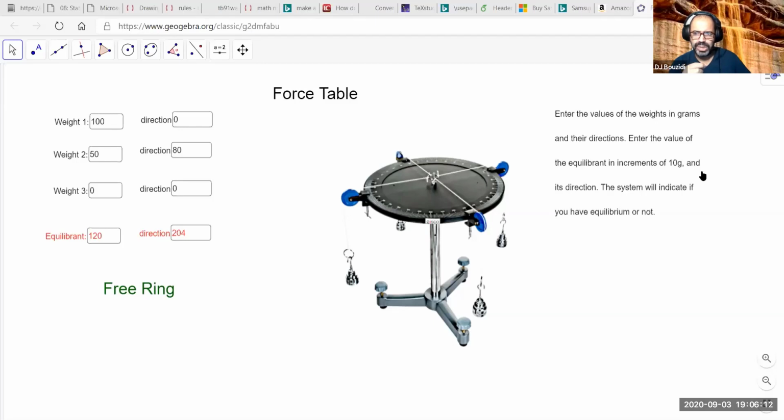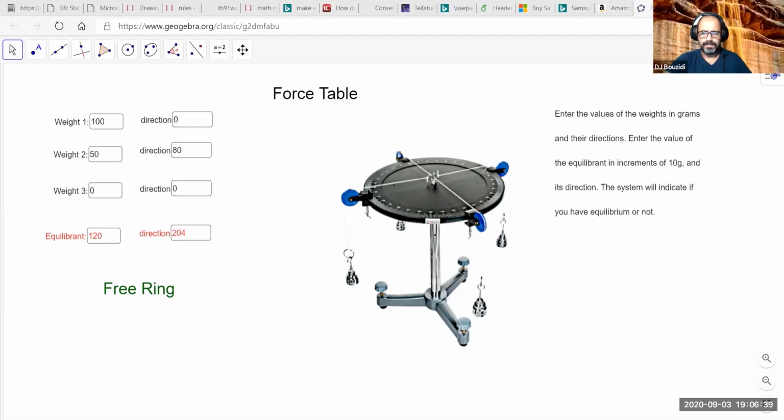So labs usually carry only 10 grams or 100 grams or 50 grams, but they don't have 1 gram, for example. Some of the tables say 142 grams. How are you going to do 142 grams if you can only do 100 grams or 140 grams? So in here, it has to be in increments of 10. You cannot put a number like 142, because it's not going to work for you.